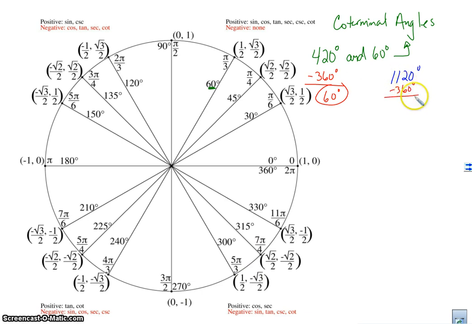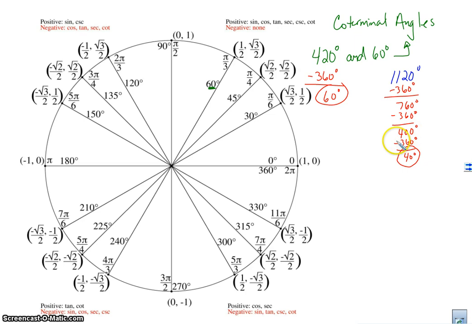If I subtract 360, I get 760. That's still too big, so I subtract 360 again, and that gives me 400. That's still too big, so I subtract 360 again, and that gives me 40 degrees. 40 degrees is between 0 and 360, so this would be our coterminal angle.